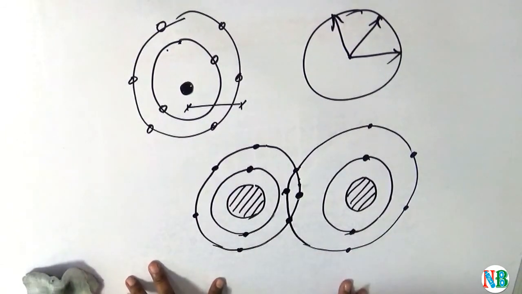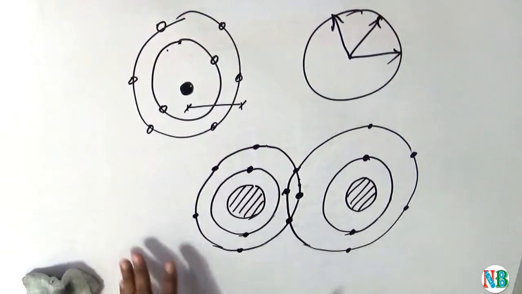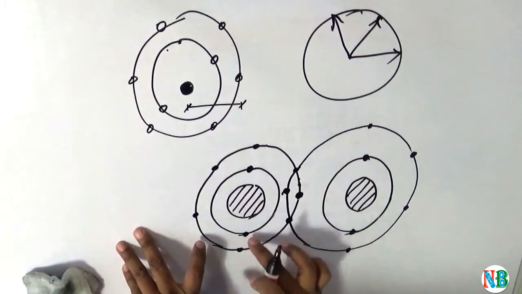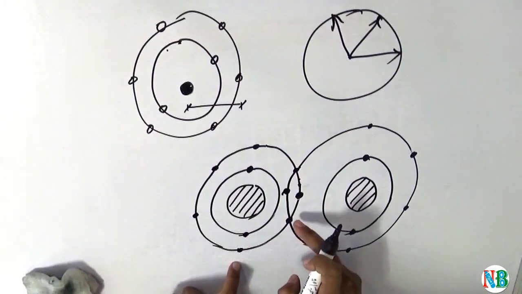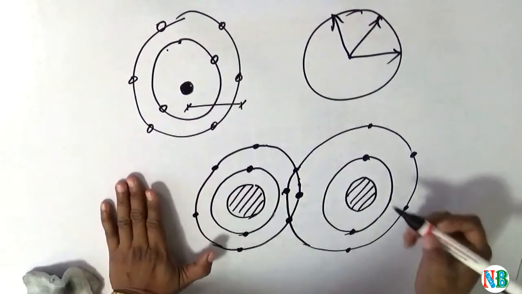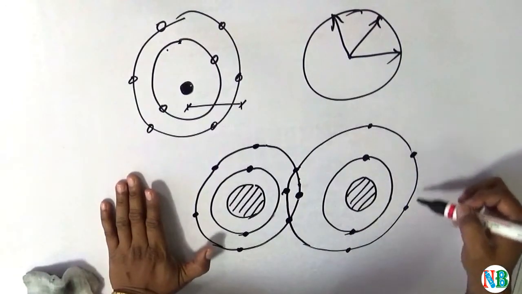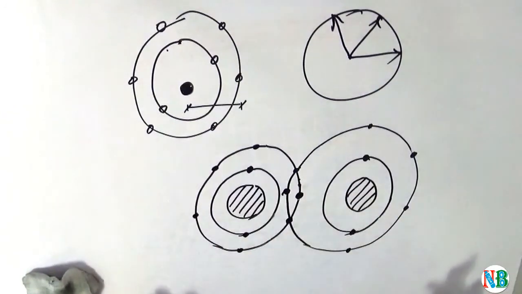I know it appears a little unequal, but please bear with me. You have 1 to 8 belonging to this atom, and 1 to 8 belonging to this atom. So this is a diatomic particle.